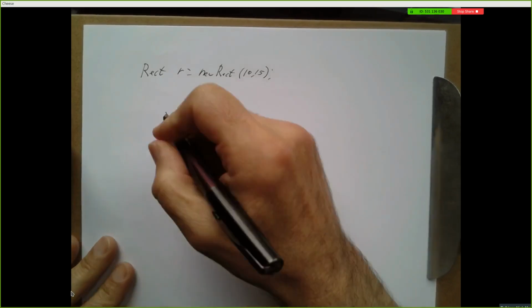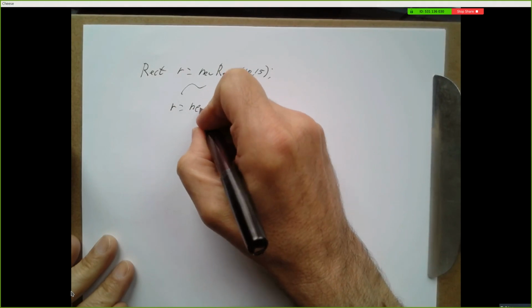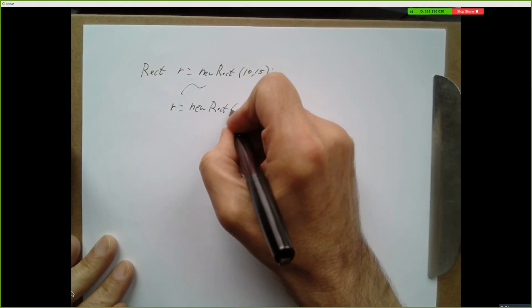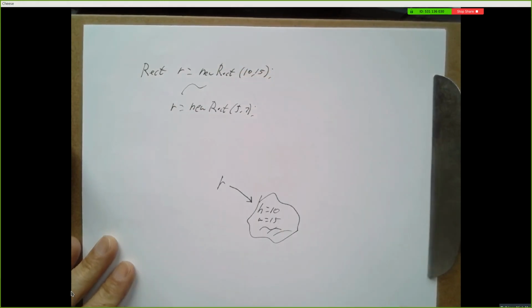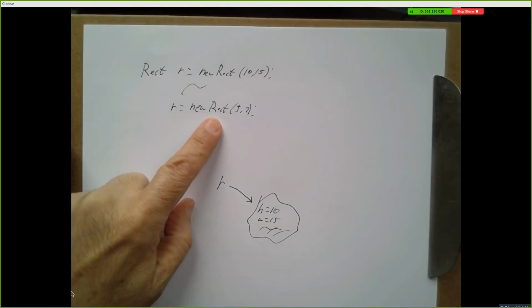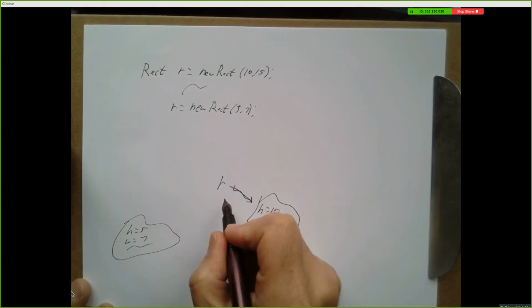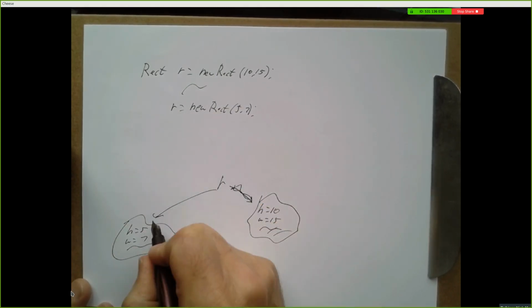Now later on, if I do something like R equals new rectangle 5, 7, the same thing happens. New says, let's go ahead and allocate memory for this rectangle object, and the constructor will set the height equal to 5 and the width equal to 7 and some other stuff, and then it'll set R equal to that.